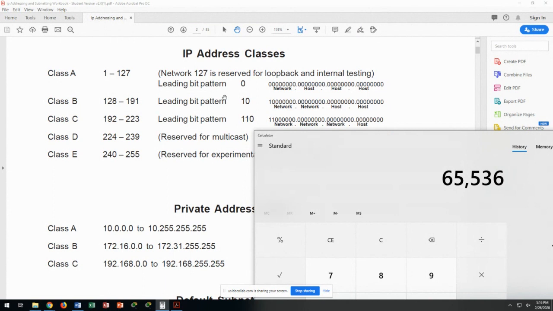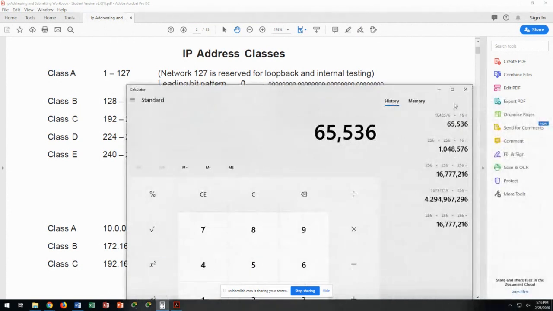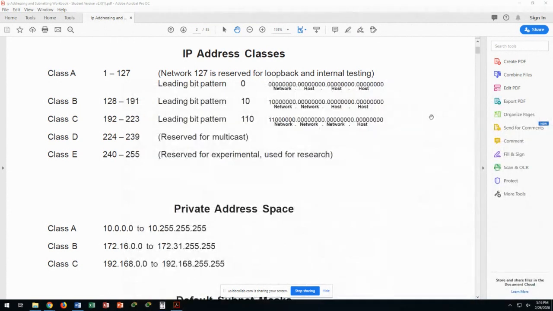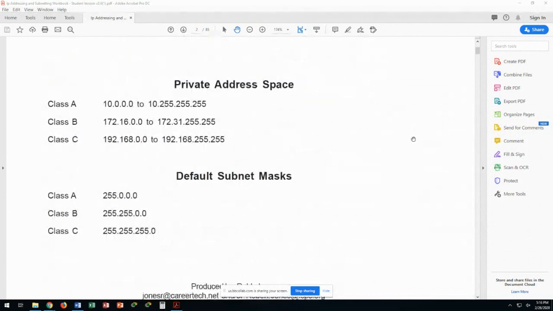Okay, let's see here. And then this is where our first subnetting comes into play. When we said that the first 8 bits identify the network, we're really saying that we have a subnet mask of 255.0.0.0 for Class A. Subnet masks also have 32 bits, just like an IP address.